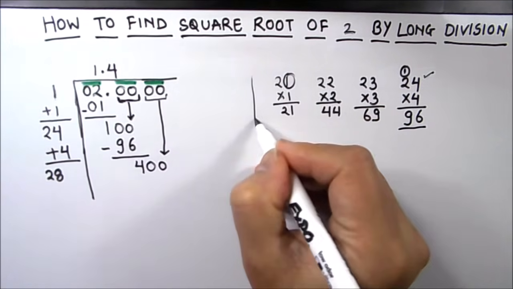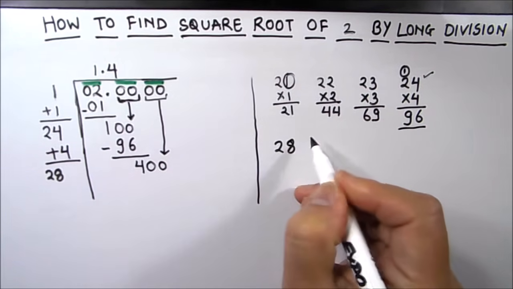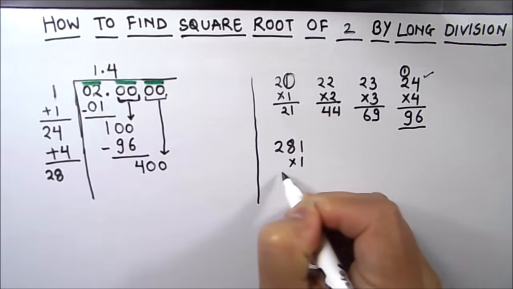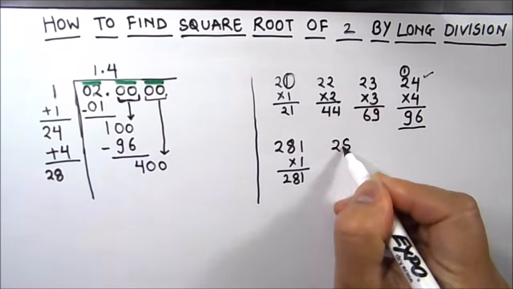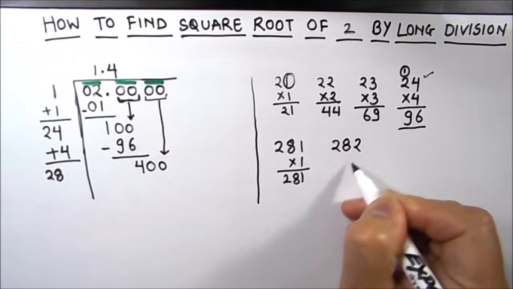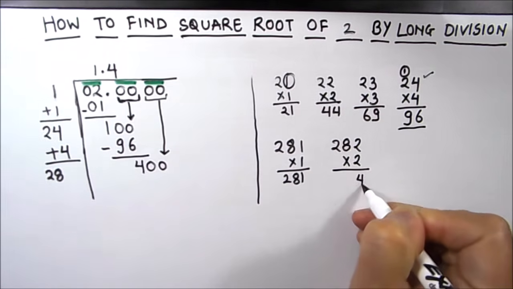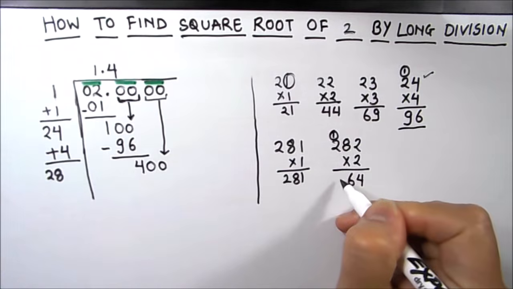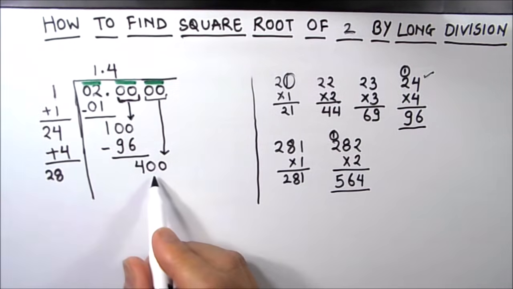So let's try annexing a digit here. So 28. Let's take 1. So 281 times 1 is 281, which is less than 400. Let's try 2. So 282 times 2: 2 times 2 is 4, 2 times 8 is 16, 1 is carried over, 2 times 2 is 4, and this becomes 564, which is bigger than 400.